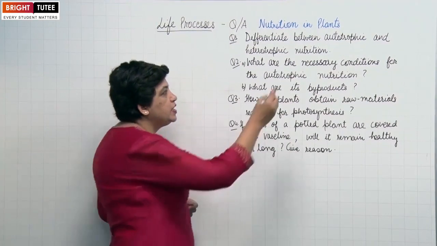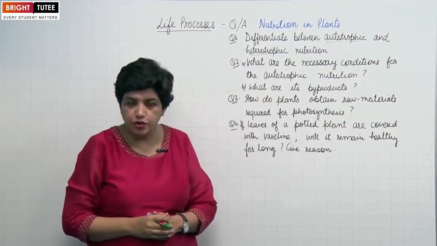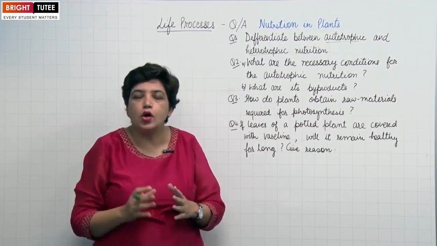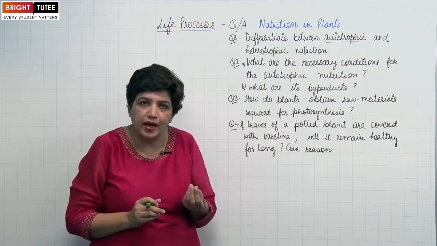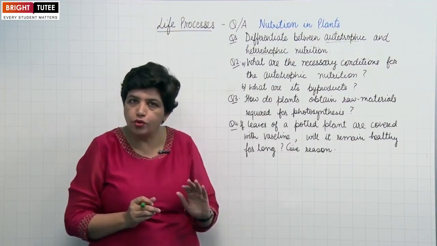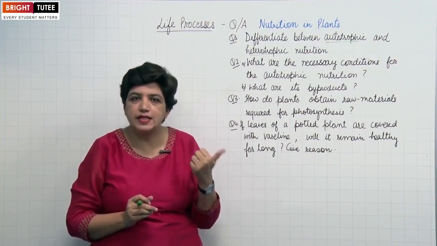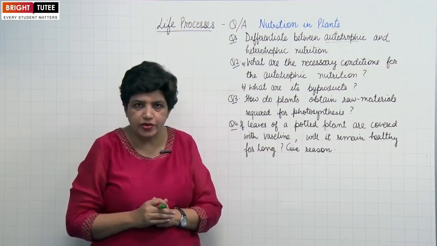Question number 1. Differentiate between autotrophic and heterotrophic mode of nutrition. As you must have seen in my previous video, autotrophic mode of nutrition is performed by the organisms which can make their own food by using simple inorganic substances, that is carbon dioxide and water, by utilizing the solar energy.